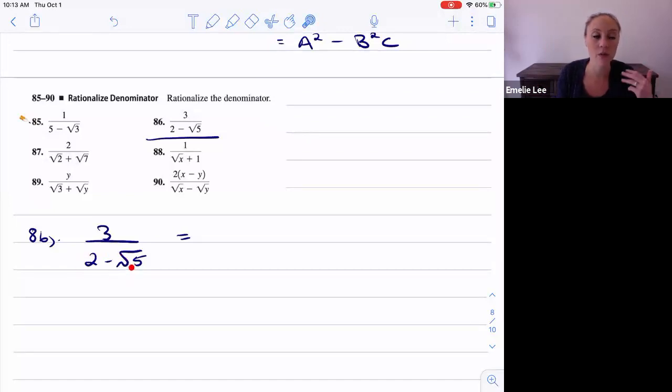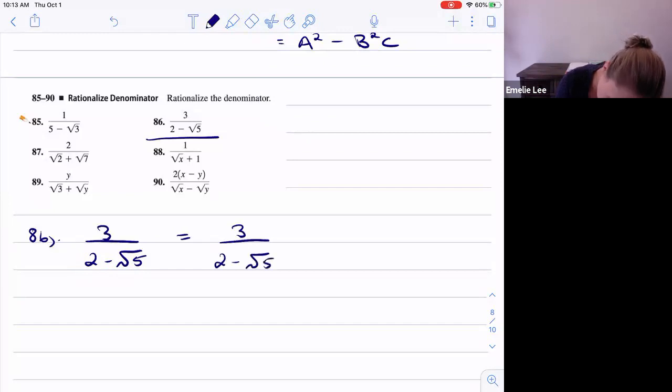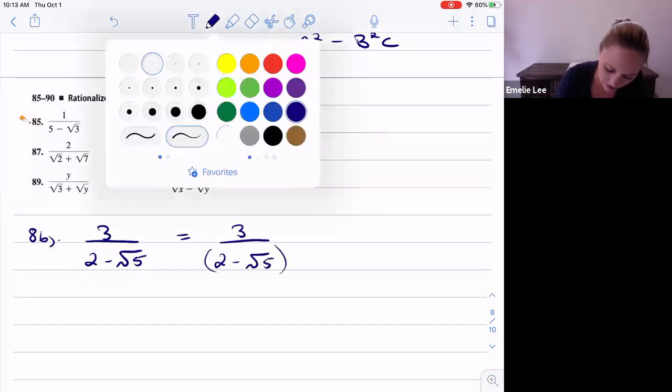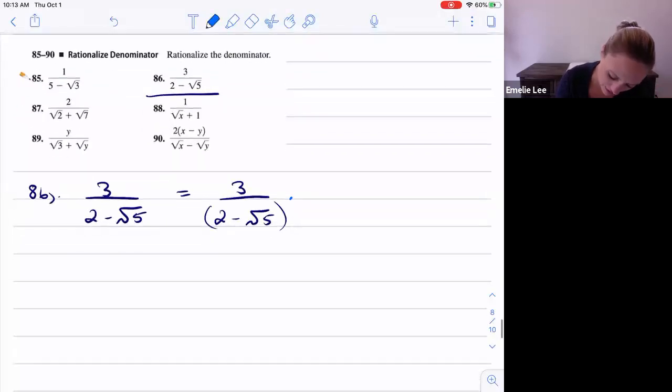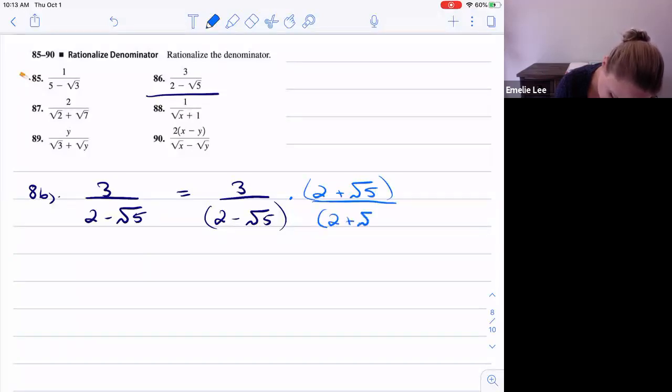The conjugate radical would be 2 plus root 5, right? The only thing that changes here is the minus goes to a plus. So now I'm at 3 over 2 minus root 5. I'll put brackets around here just to emphasize, because now I'm multiplying by 2 plus root 5 over 2 plus root 5. Okay.